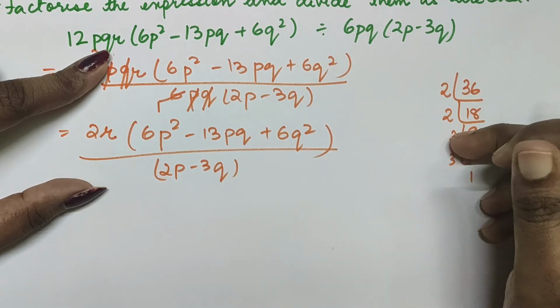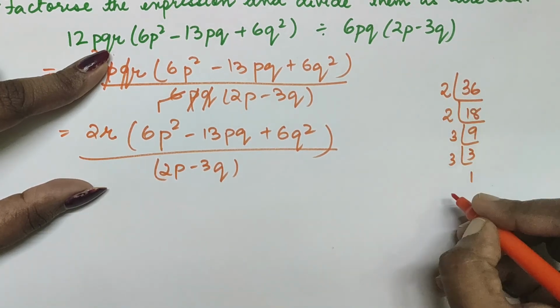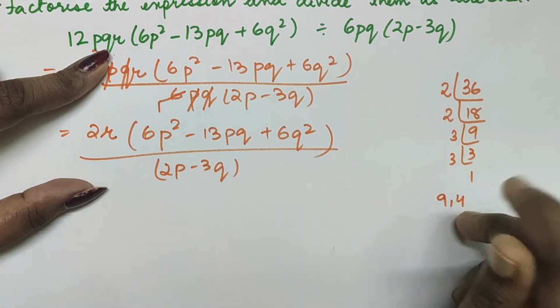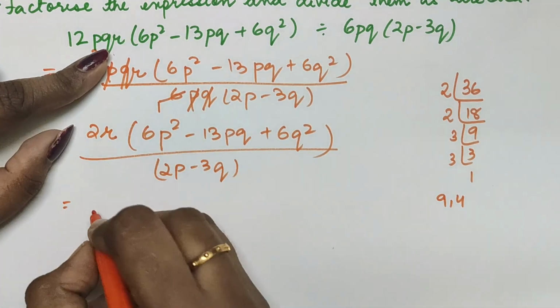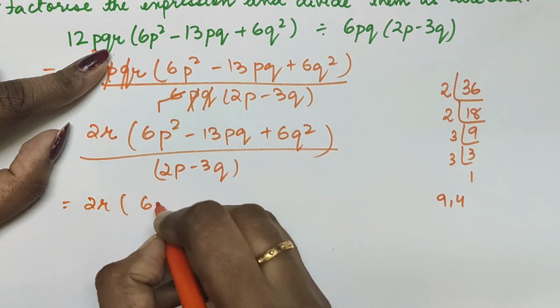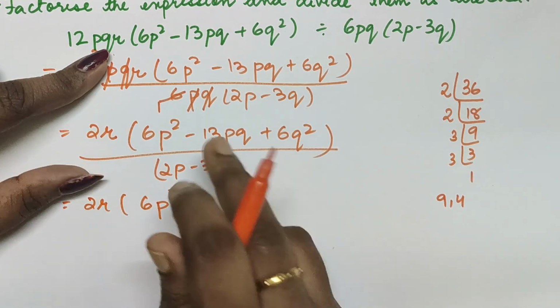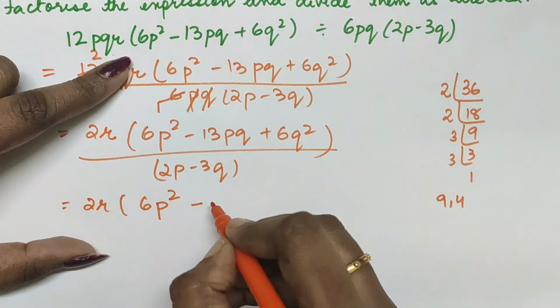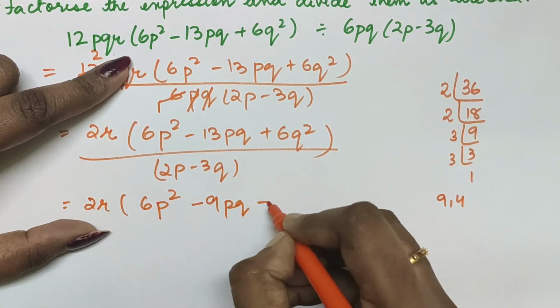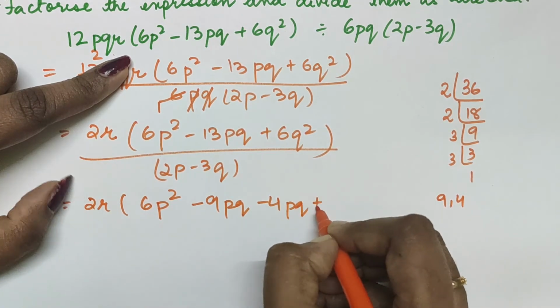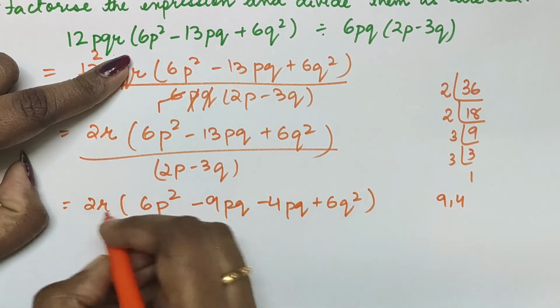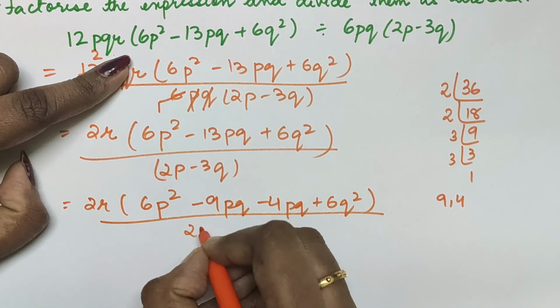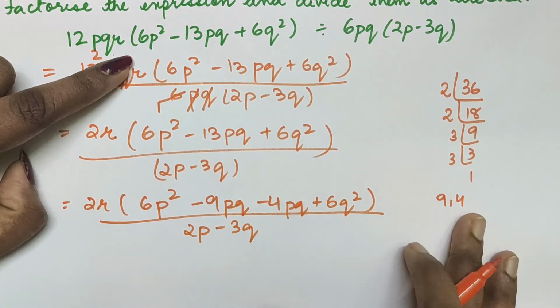So 9 and 4 will give me 13 when I add and 36 when I multiply. So I'll write 6p square, because it is a minus here, minus 9pq minus 4pq plus 6q square whole divided by 2p minus 3q.